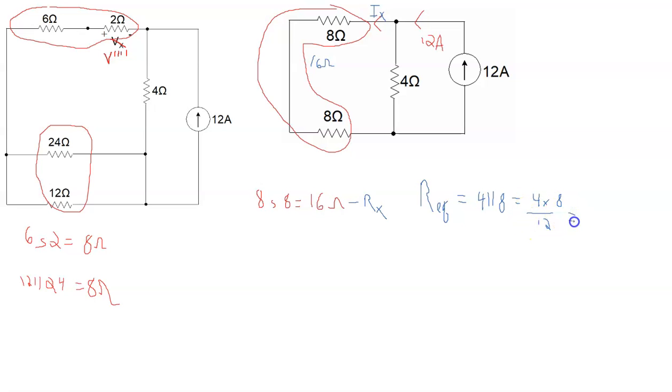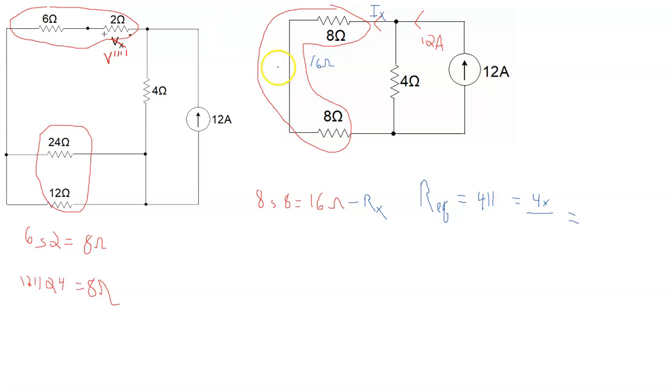And that becomes 32 over 12. And of course, I'm using 8. I didn't redraw the circuit, and that's why I guess I made that mistake. But it's actually 4 in parallel with the 16.